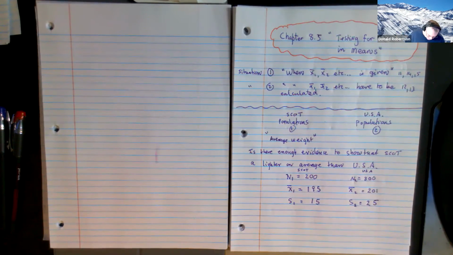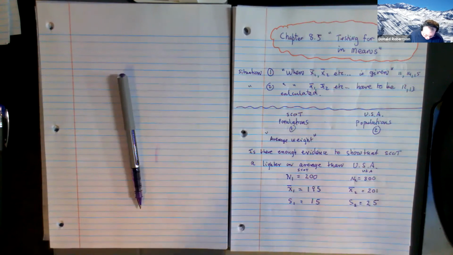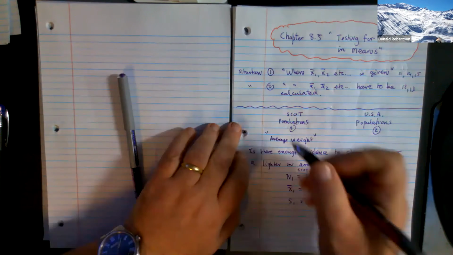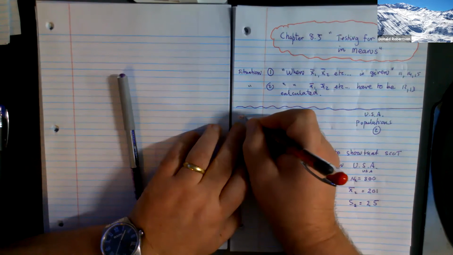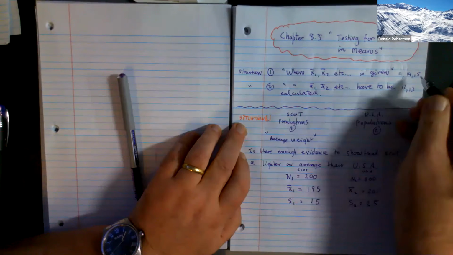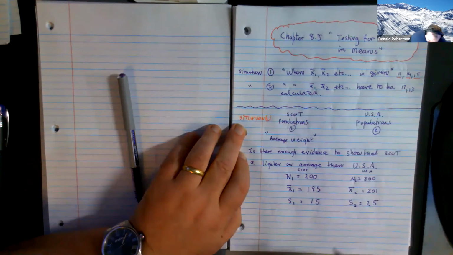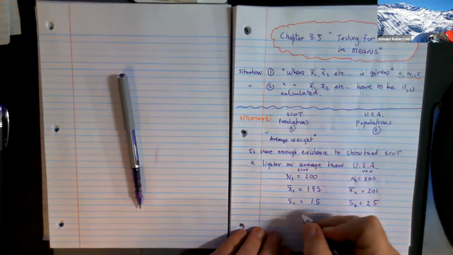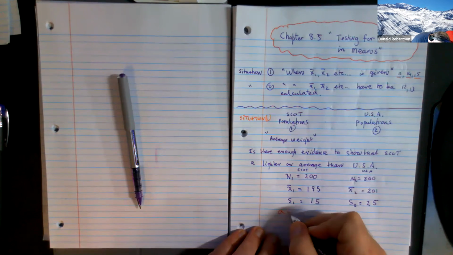Now, the only other thing that we need to be told in these questions, so this is me doing essentially questions that are going to be like situation 1. So that's going to be questions like 11, 14, and 15. The only other thing that's missing is the significance level.